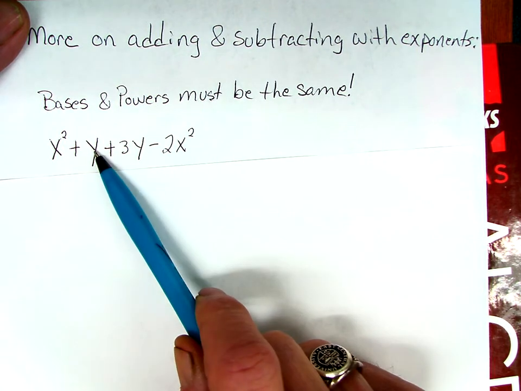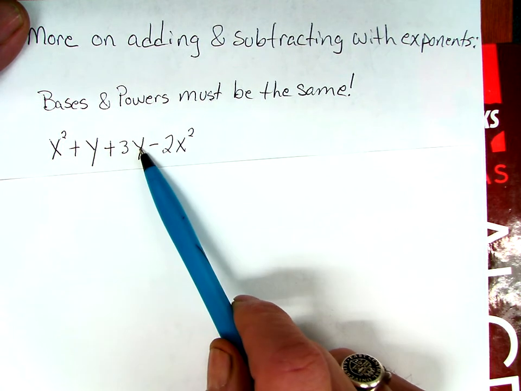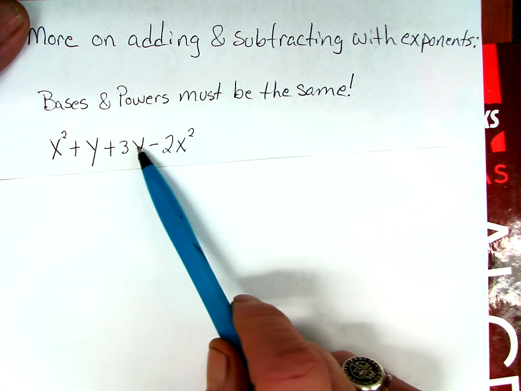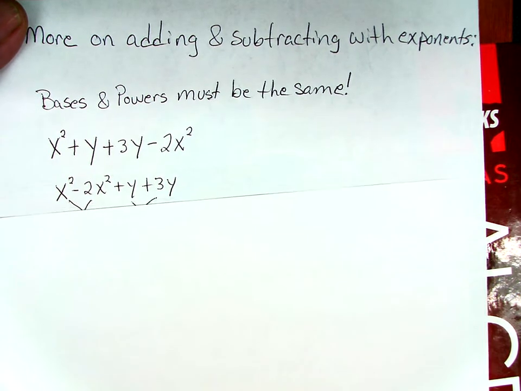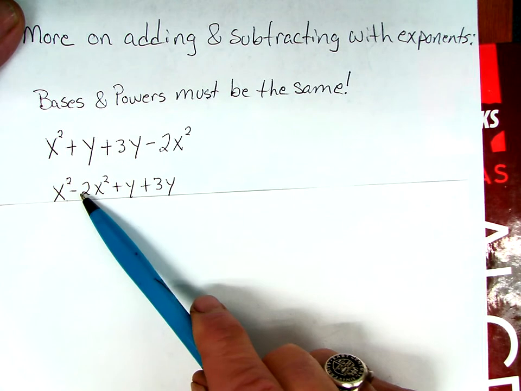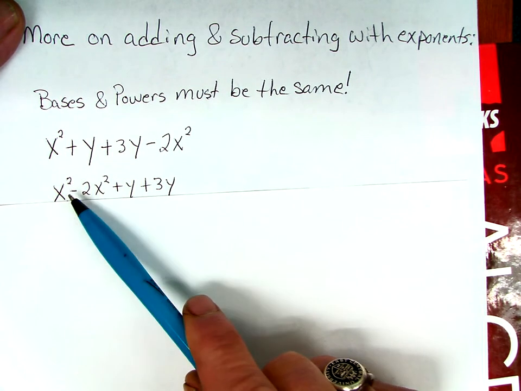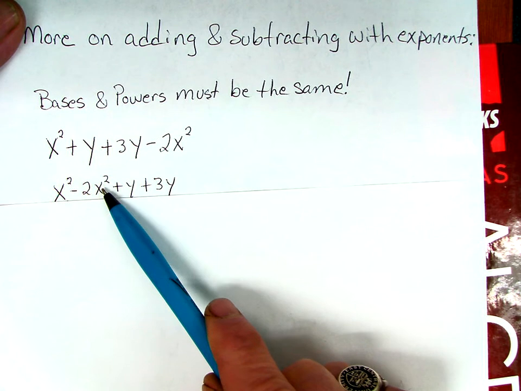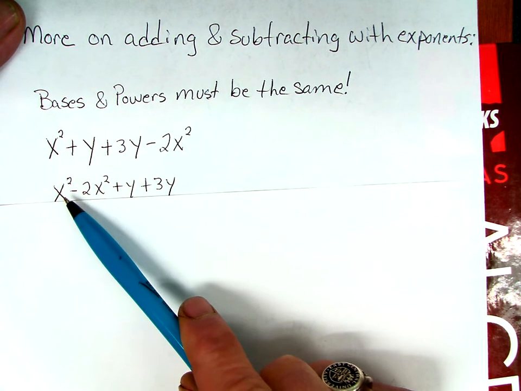Now I move to the second term. So y to the first power, here's another y to the first power. So these two get put together. And regrouping, here's what I have. x squared minus 2x squared. I have one of these, two of these, and I'm going to subtract.